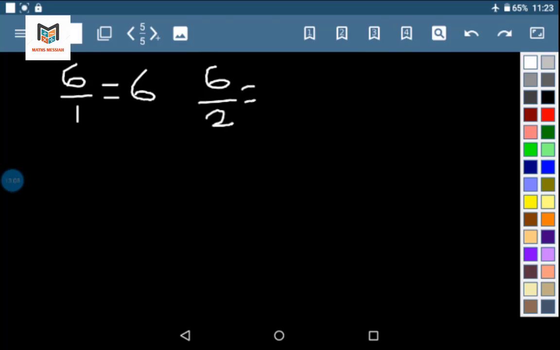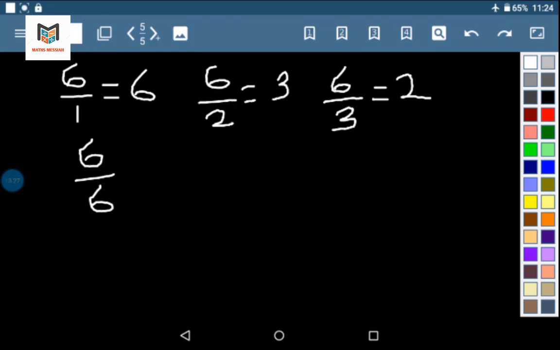The answer will be what? 3. 6 divided by 3. The answer will be 2. Then we can also have 6 divided by 6. The answer will be 1.